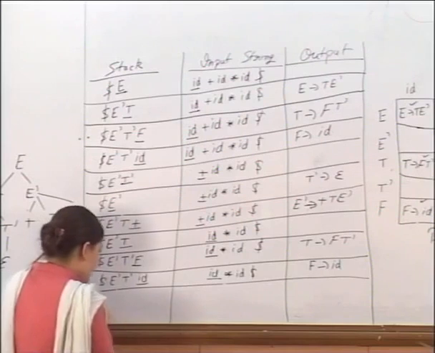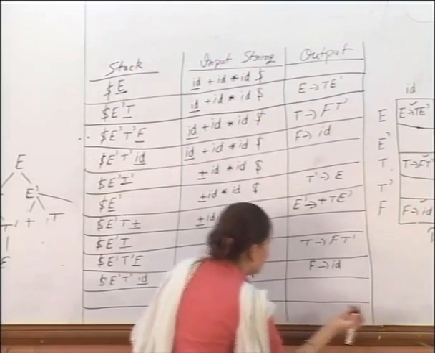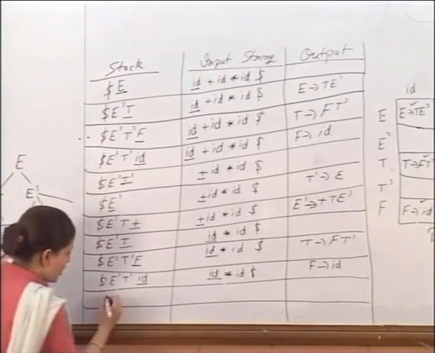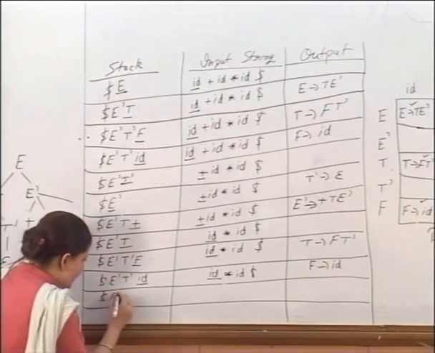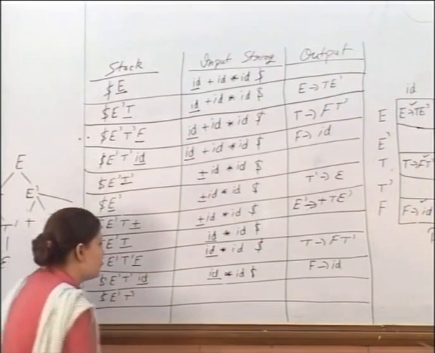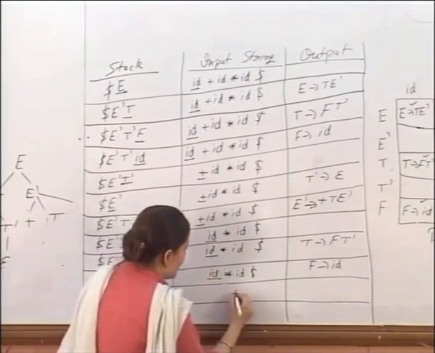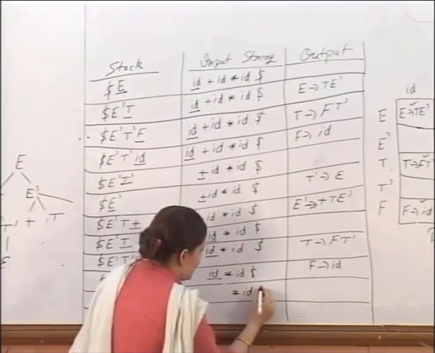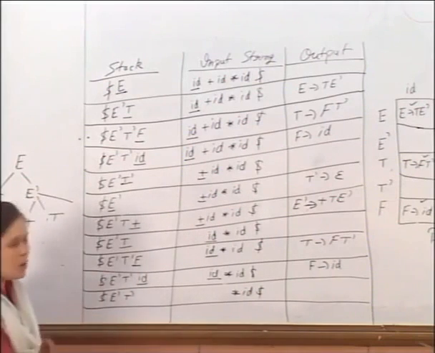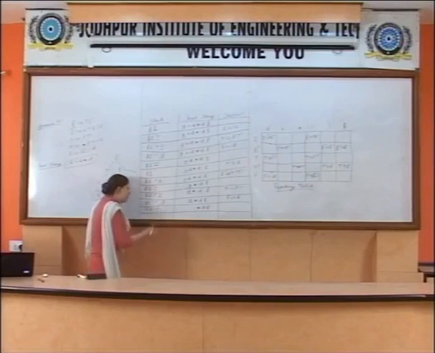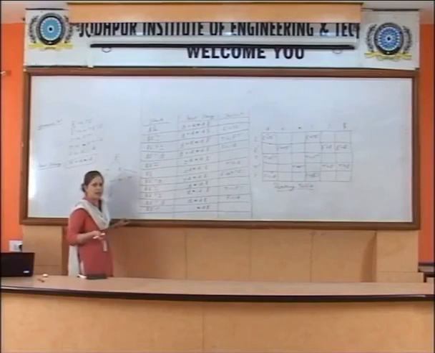So now I have the next result, that is dollar E dash T dash, star ID and end mark.